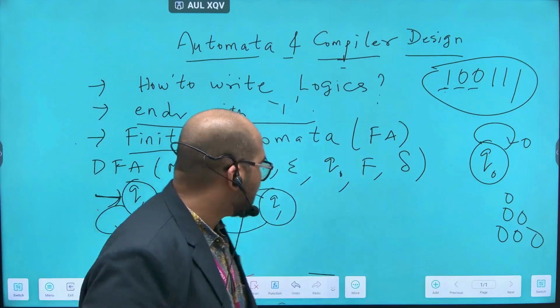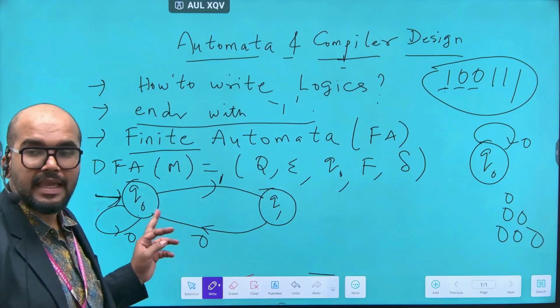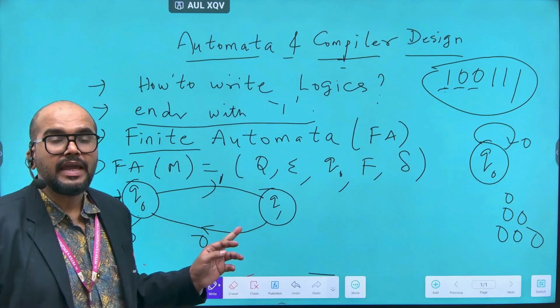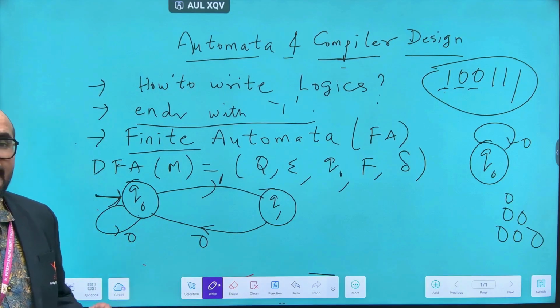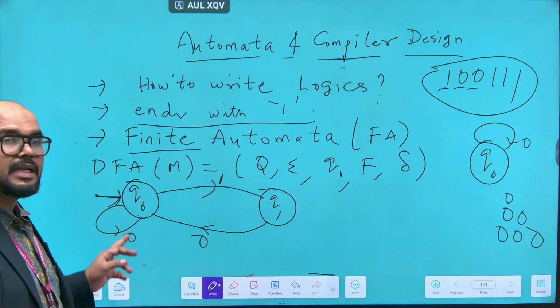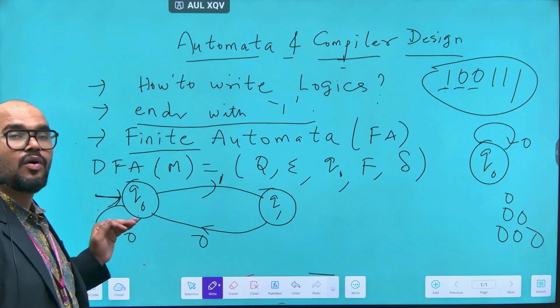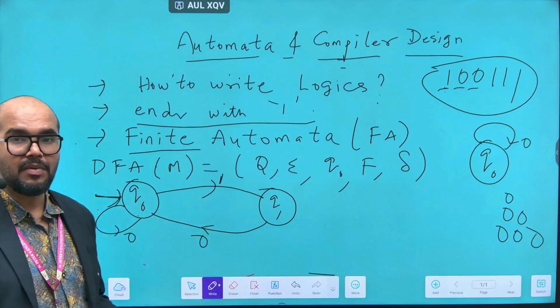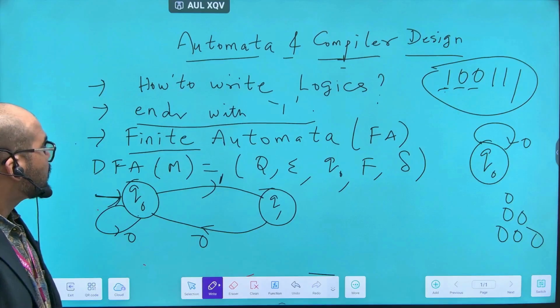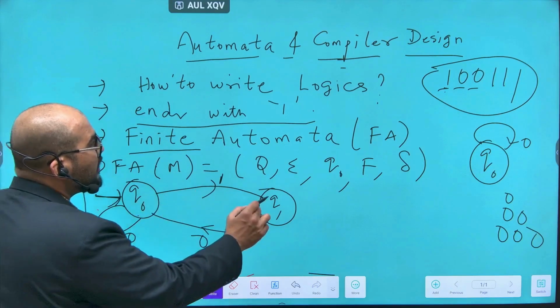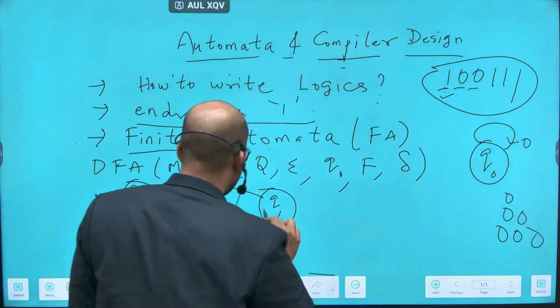it means that with that particular input symbol it can move to itself an infinite number of times. This self move is not a single move; it can move multiple times, even an infinite number of times.